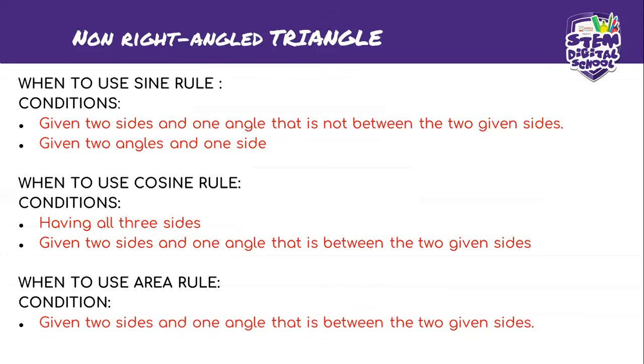For you to use the area rule, that triangle should have two sides and one angle that is between the two given sides. Then in that way, you'll be able to calculate the area of that particular triangle.